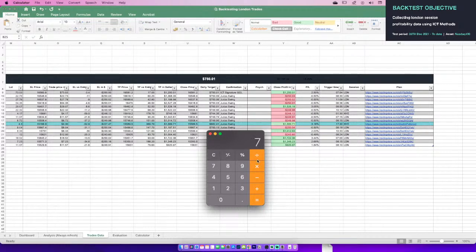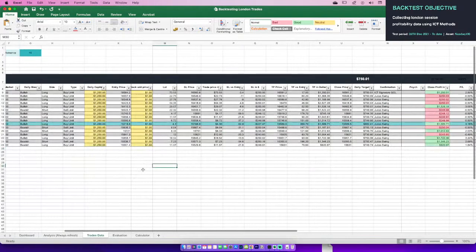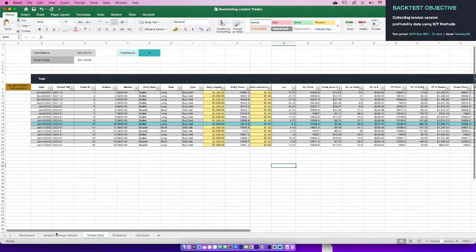So 7 divided by 16. Like 48 probably. 43, 43%. Not the best, but not the worst either. Barely mediocre. Or average, I guess that's the right word.